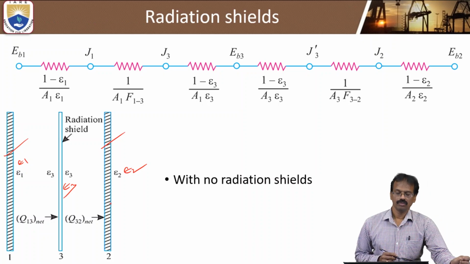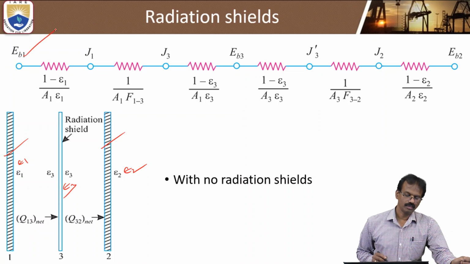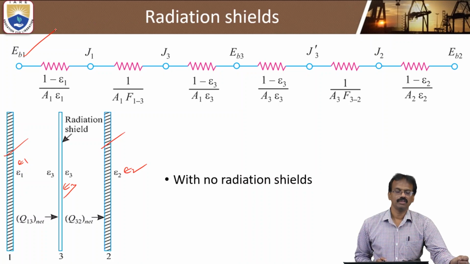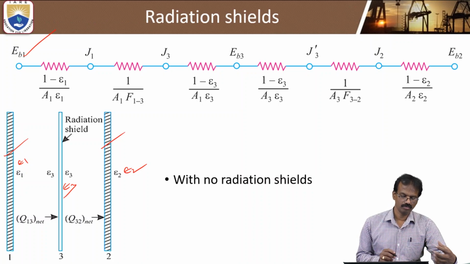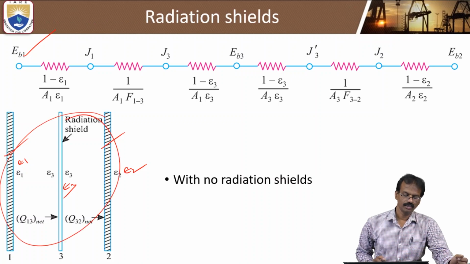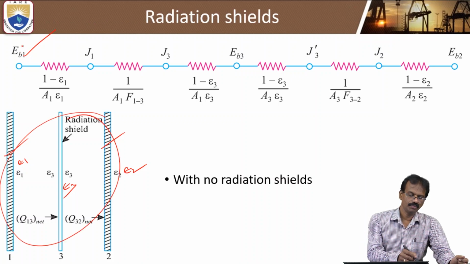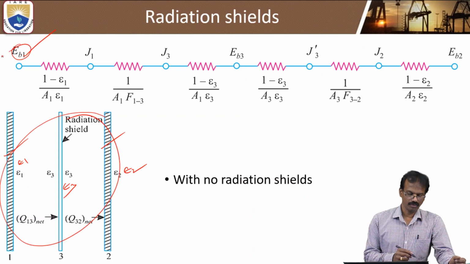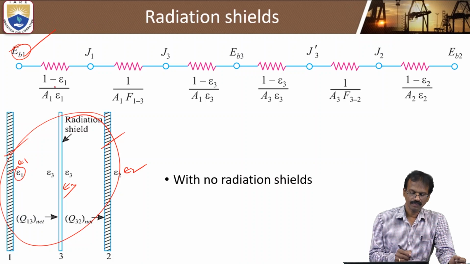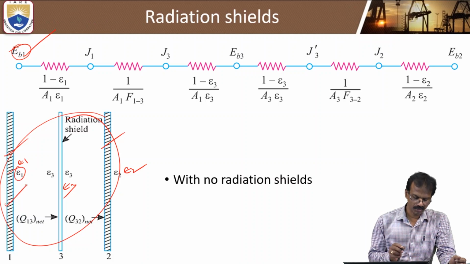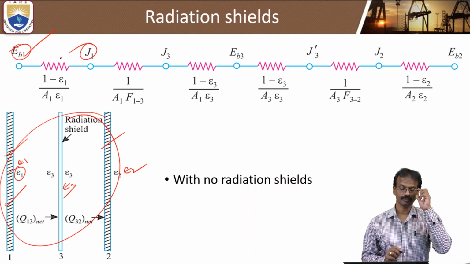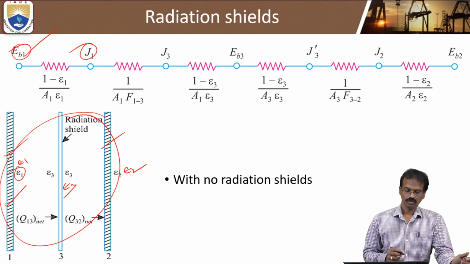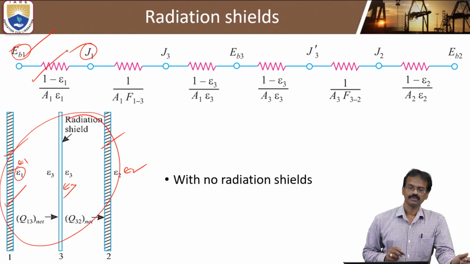You can see this is the electrical analog for this setup. First EB1, the emissive power of the first surface, then the surface resistance of the first plate, that is 1 minus epsilon 1 by A1 epsilon 1. You know this one. Then next the radiosity. This is for the first surface.